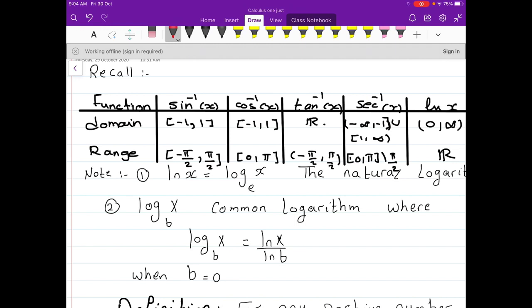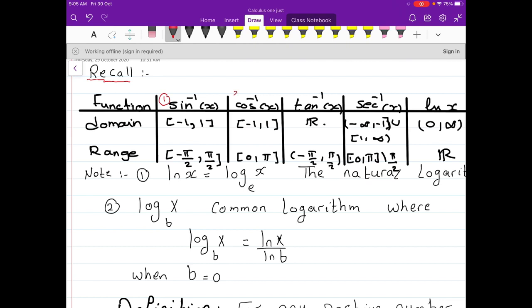So recall, we defined functions in previous lectures, and for these functions we defined the domain and the range. From this we define sine inverse x, where the domain is -1 to 1 and the range is minus pi over 2 to pi over 2.